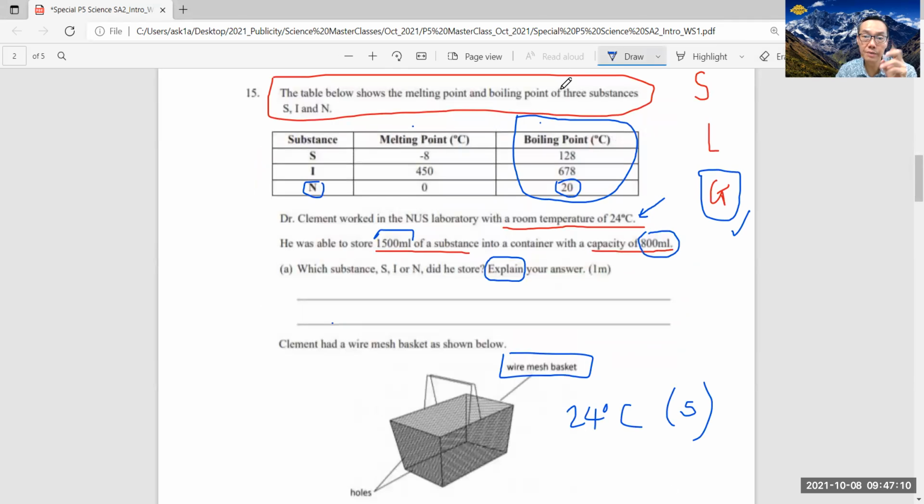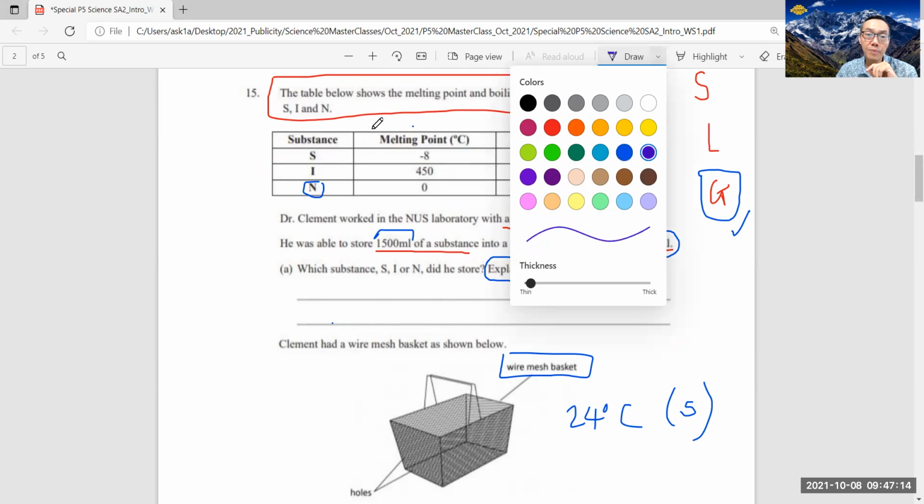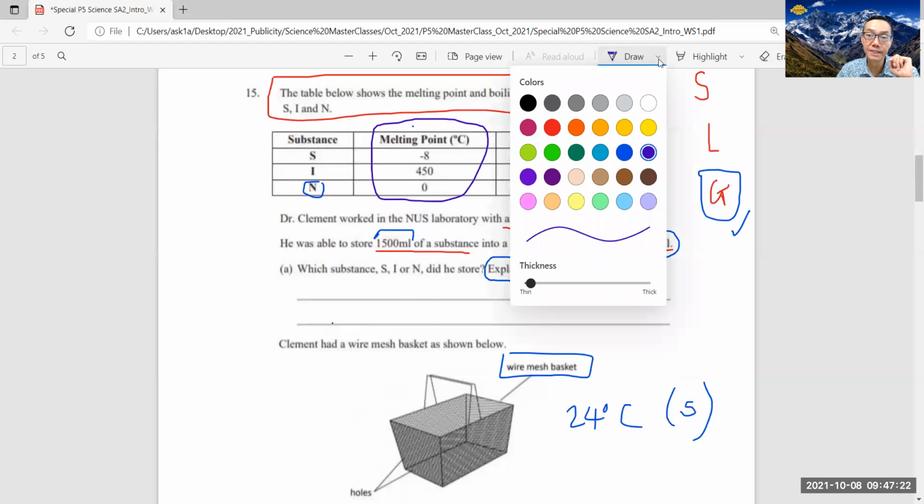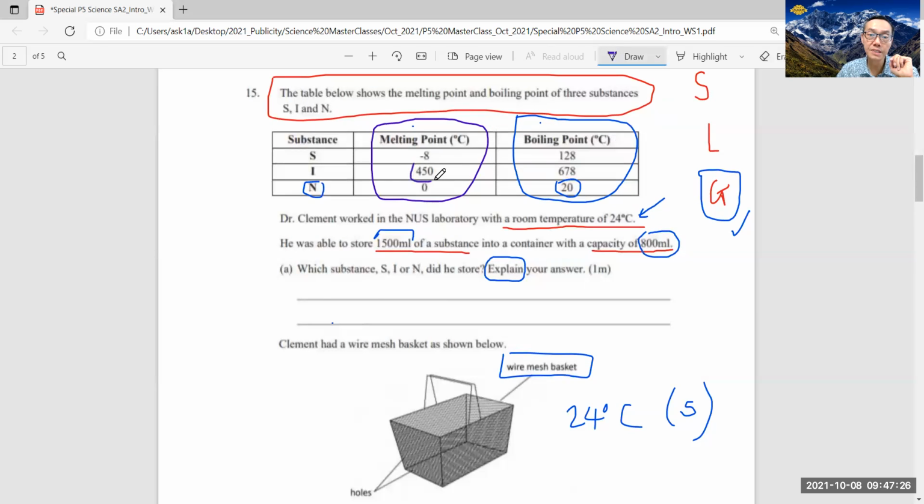So to be a solid, we look at which one? We look at the melting point. So this substance must melt above 24, right? Can you see there's only one substance that will melt above 24, which is this. Substance I. Substance I melts at 450.